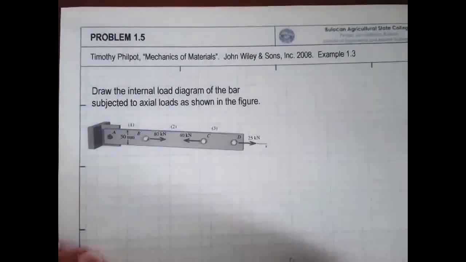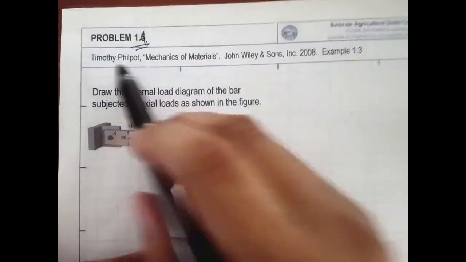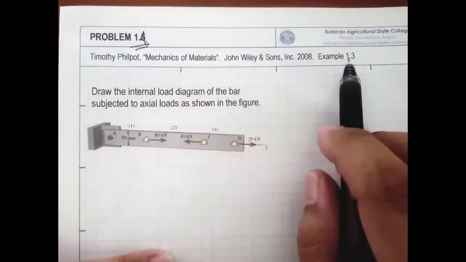Alright, our next problem is to solve for the internal shear. So this is problem 1.4, and this problem is taken from the textbook by Philpott, Mechanics of Materials, example 1.3.